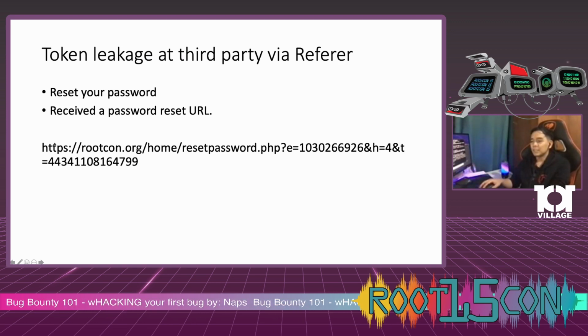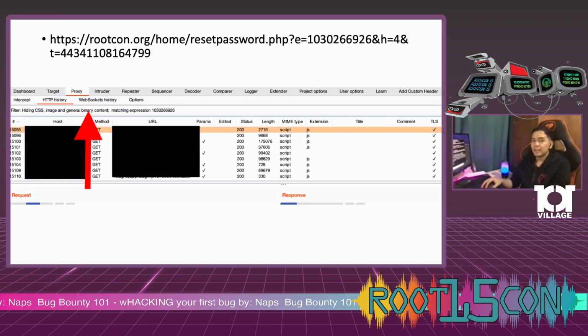As you can see, that's the password reset URL, just an example. Then just copy it and make sure you use an incognito mode browser without any extensions on it. Sometimes browser extensions leak sensitive URLs of the application.